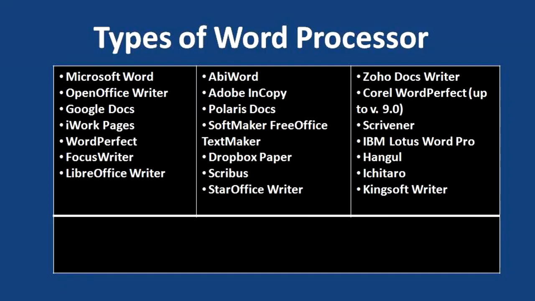To name a few: MS Word, that is Microsoft Word, OpenOffice Writer, Google Docs, iWork Pages, WordPerfect, LibreOffice Writer and so on. We have so many word processors, and out of all of them, MS Word is the best one that people consider because it is the most widely used software in the world.